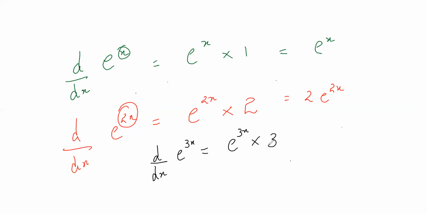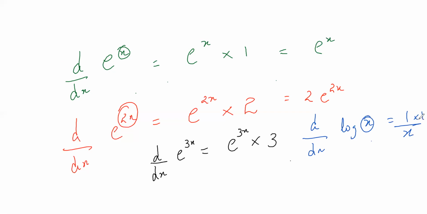And one more thing which I will introduce now is differentiation of log x. d by dx of log x is what? 1 by x. Differentiation of log x is 1 by x, because again the differentiation of x is 1.